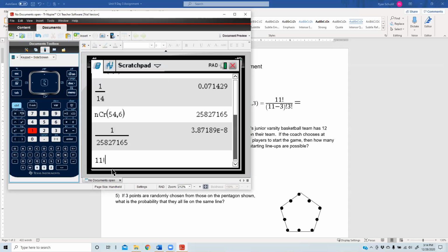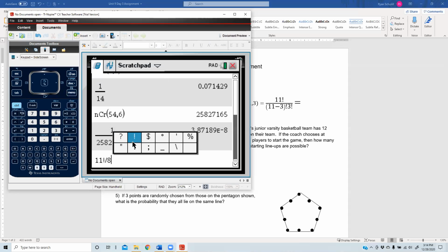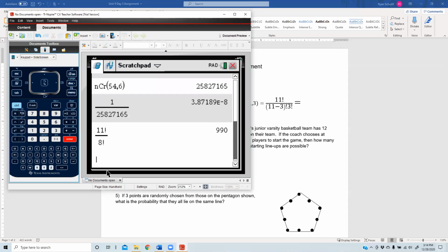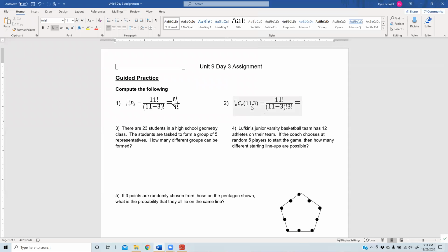There we go. Or you could type your number, and then beside the G, there's the question mark, the exclamation point, etc. Hit that button and pick exclamation mark. That'll get you 990. So that's certainly one way to do this. You'll get 990 as your answer.